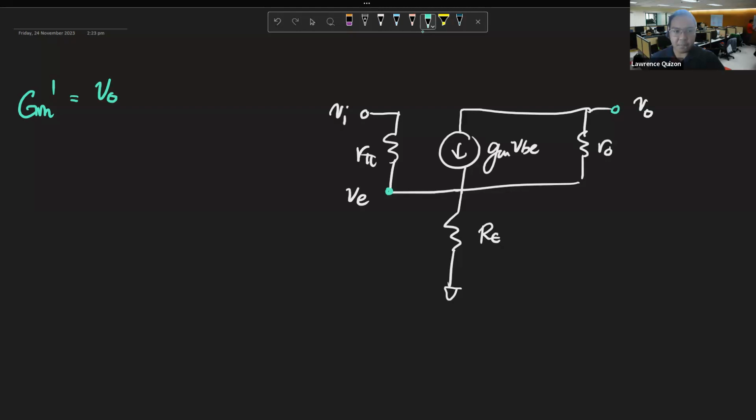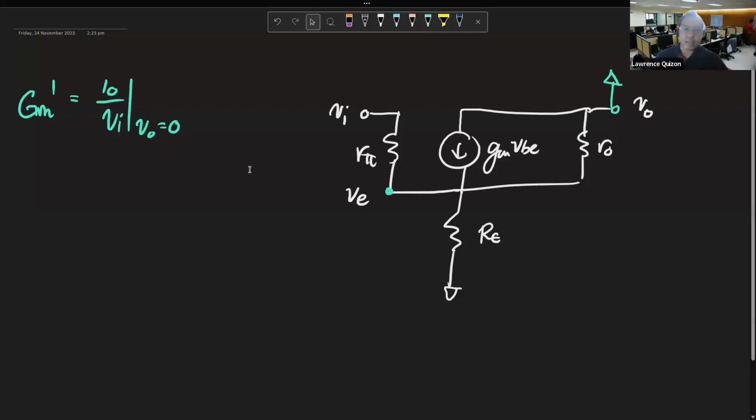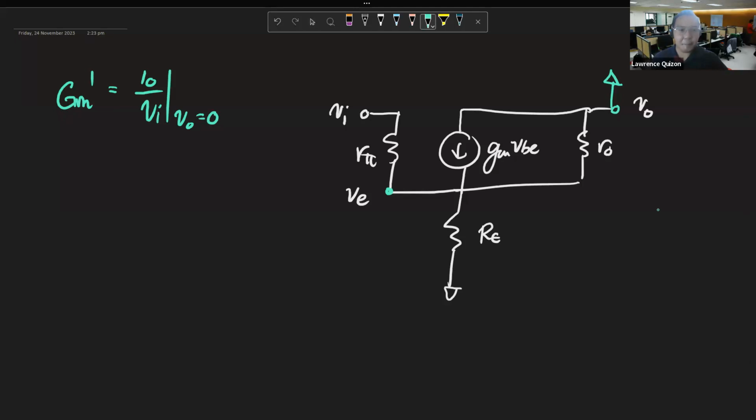So gm prime is I out over V in in this circuit, but V out is 0. So V out, we set that to 0. Well, wala pa ding easy, so wala tayong cancel dito. So then let's proceed na lang to the analysis kagad.